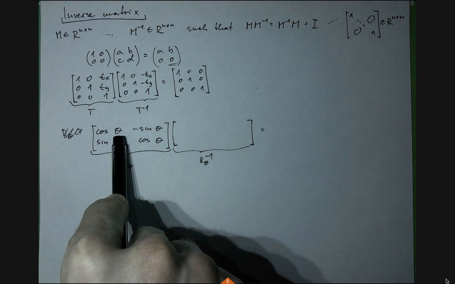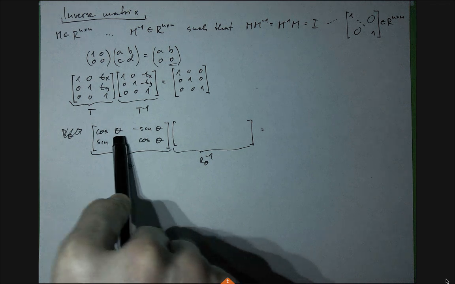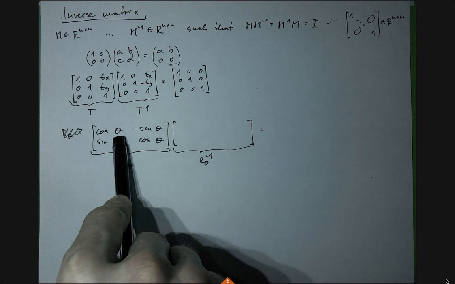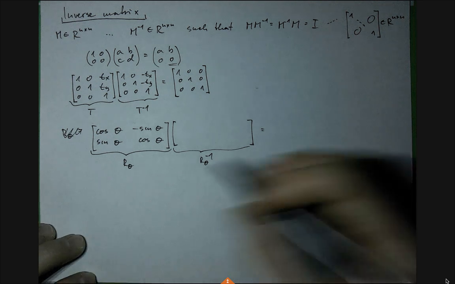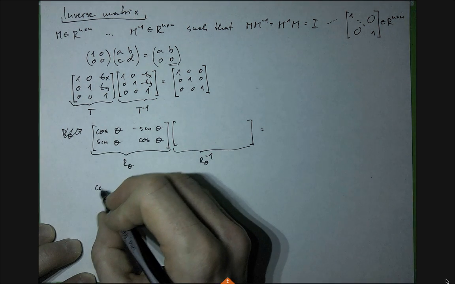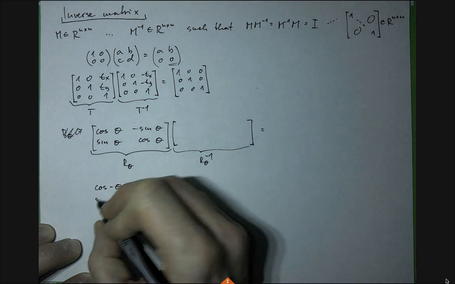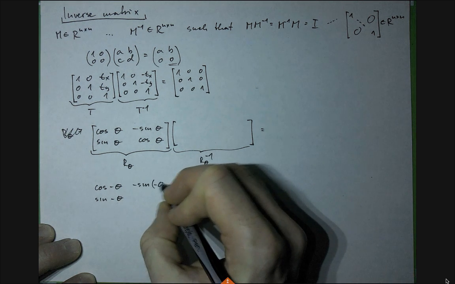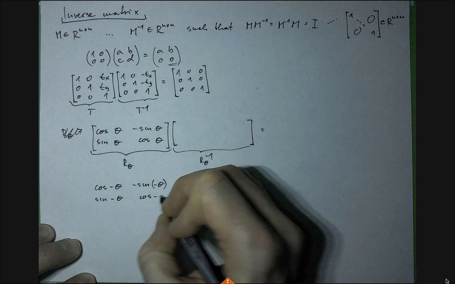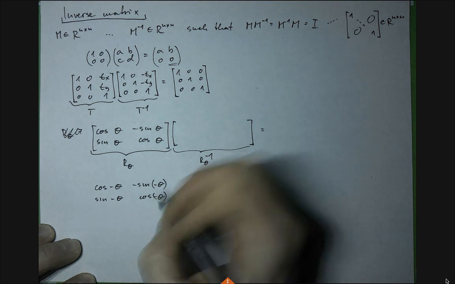If I want to undo this transformation, what do I need to do? Rotate the other way around, right? Well, let's try that. So what does it mean, rotate the other way around? That means I do cosine of minus theta, sine of minus theta, minus sine of minus theta, and cosine of minus theta, right?